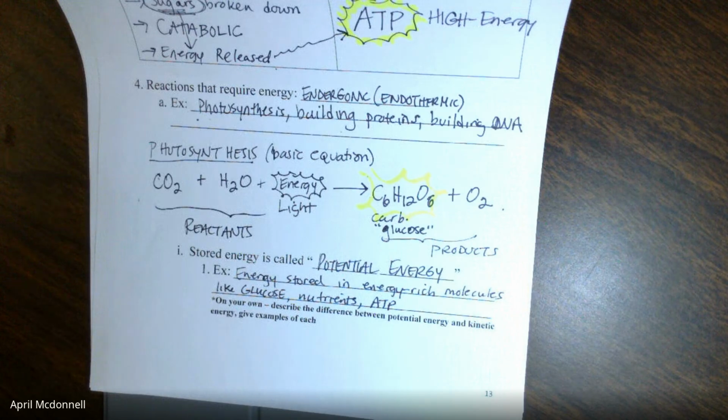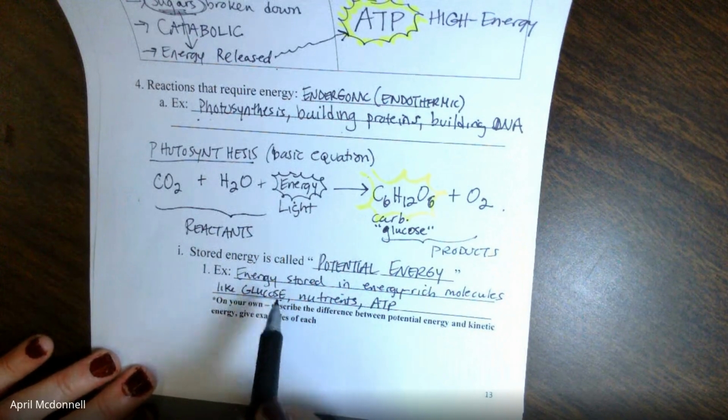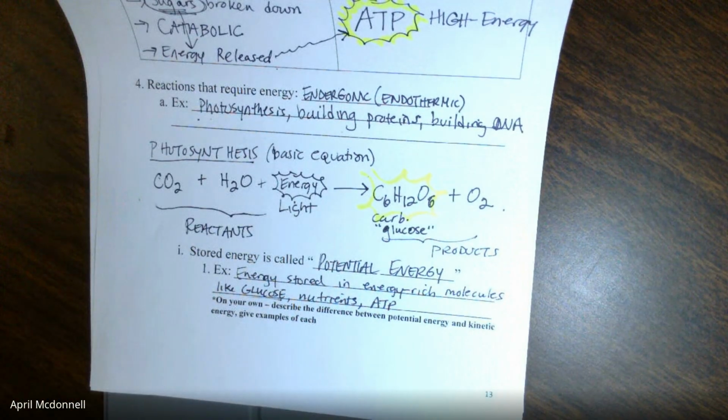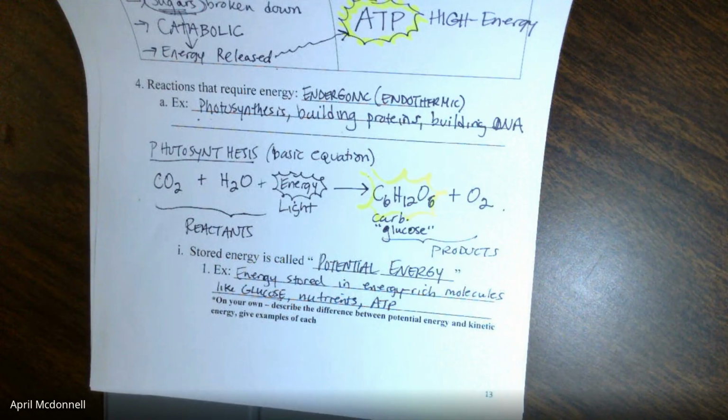Here are a few examples of potential energy. Glucose is going to be an example of potential energy. Any other sort of nutrients that you consume, like other types of carbohydrates besides glucose, or fats, or even the ATP molecule that we discussed earlier, are all examples of potential energy because energy is stored inside of these molecules until the cell goes to break them down to release the energy from them.